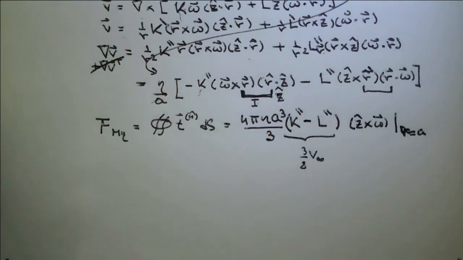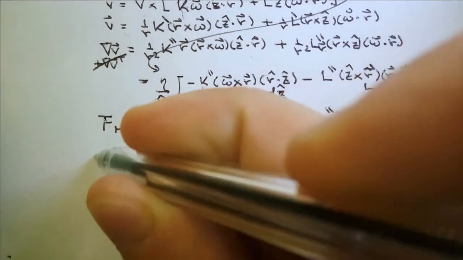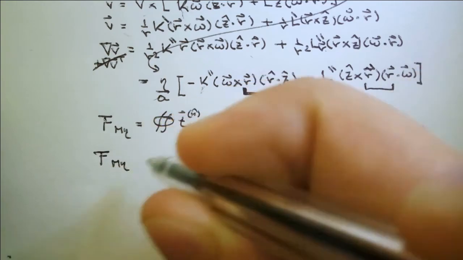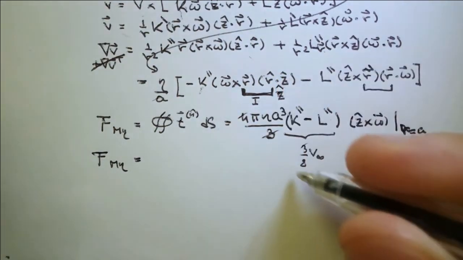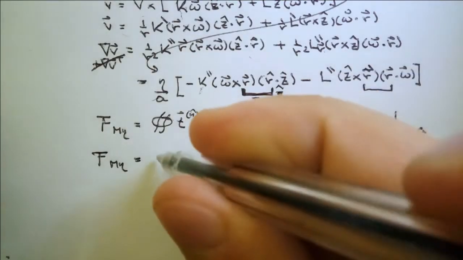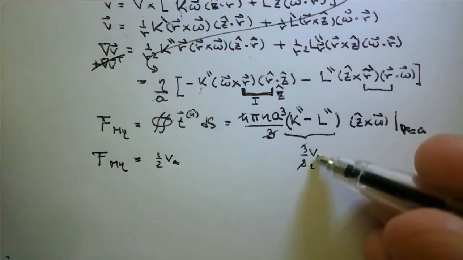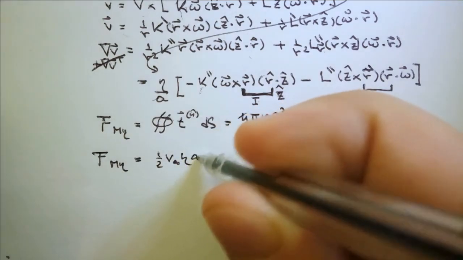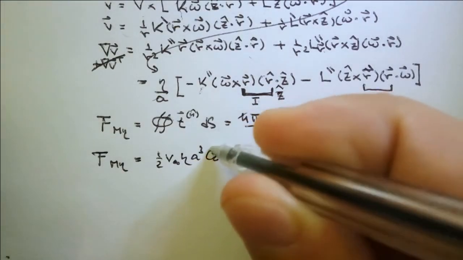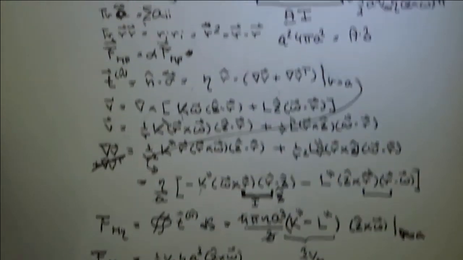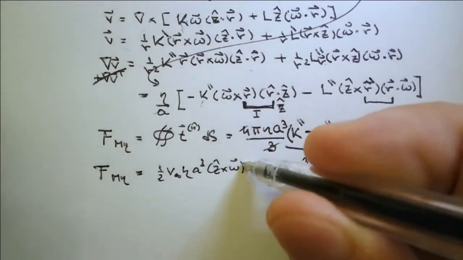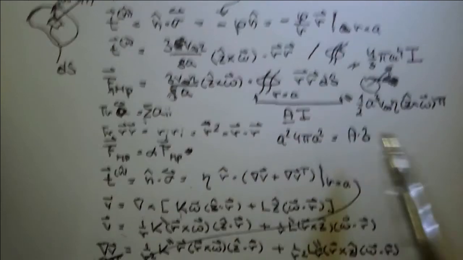Now that means that this force m eta is, this cancels out with this, and this is going to be 2, so it's 1/2 v infinity eta a cubed, and there is z cross omega vector, which is the same as this term, and I forgot pi, 3.14, so this is the same.